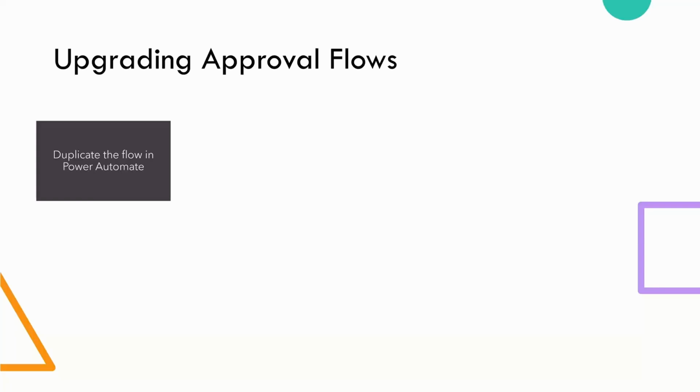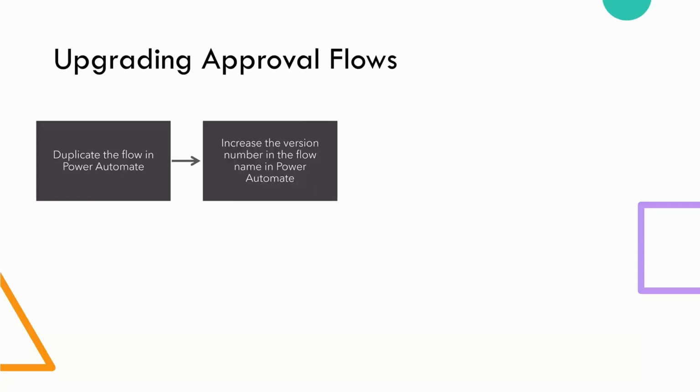So what I usually do is I duplicate the flow in Power Automate, or I do that in the development environment, and when I import it in the production environment, I give it a version number in the name. So in the flow name, I have a version number, V1, V1.1, V2, etc.